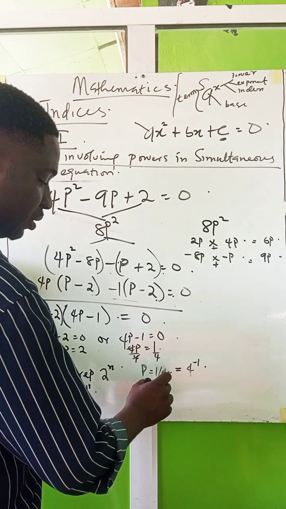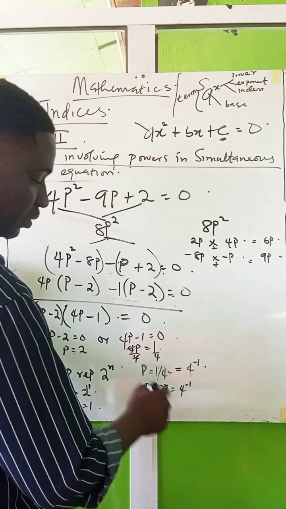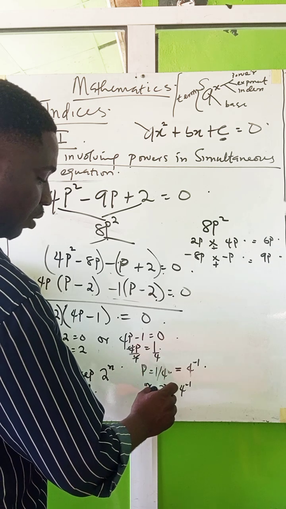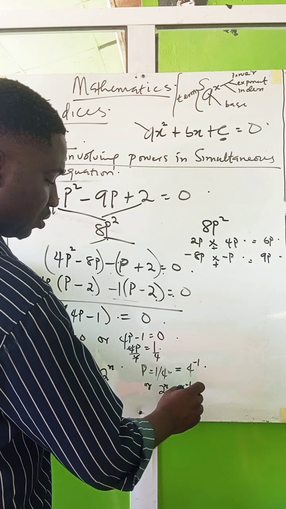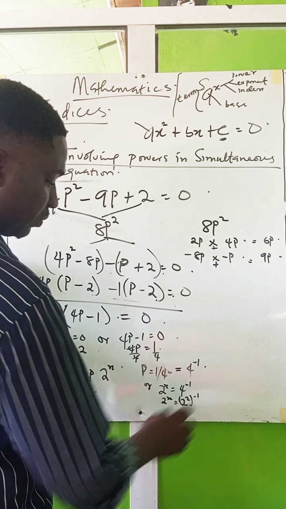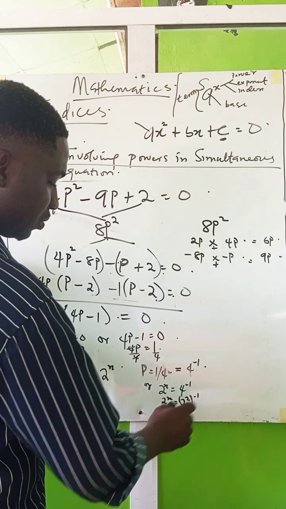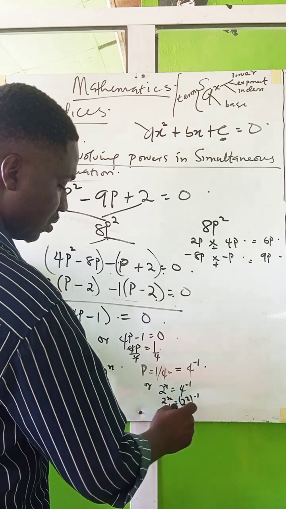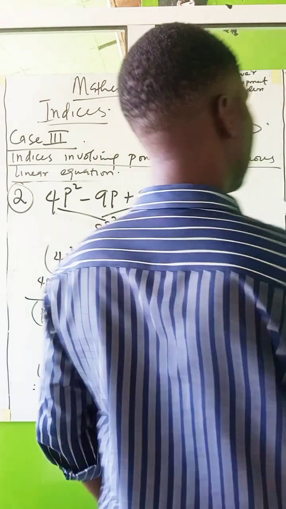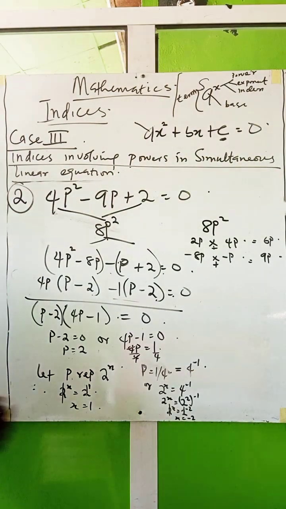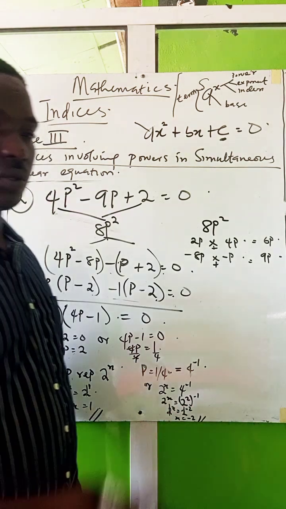Or 2 raised to the power x equals 4 raised to the power minus 1. Make them have a common base. 2 raised to the power x equals 2 raised to the power 2, bracket minus 1. 2 raised to the power x equals 2 raised to the power minus 2. So x equals minus 2. So x equals 1, x equals minus 2.